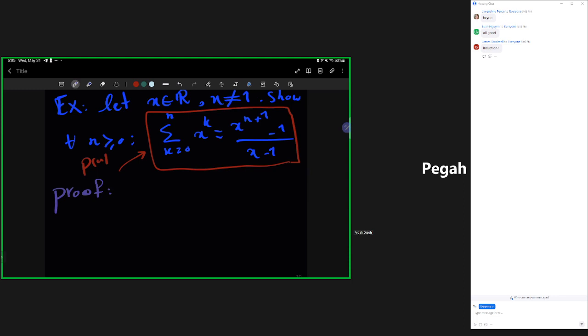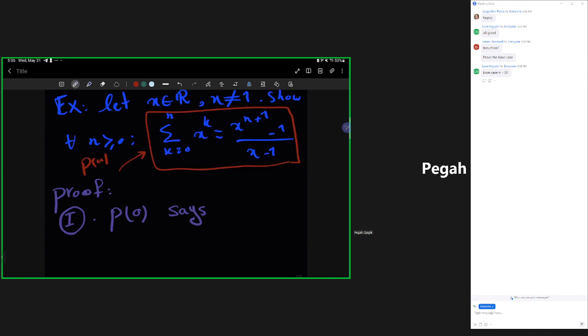What is the first step? Get our base case. P0, what does P0 say? Here n is greater than or equal to 0, so we start with the base case of 0.